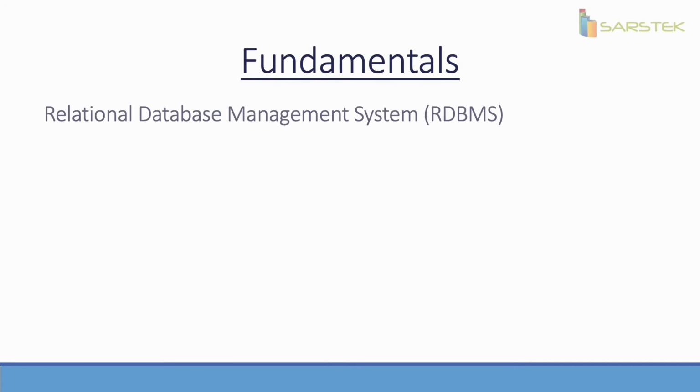Next is RDBMS, that is, Relational Database Management System. As I said earlier, this is implemented only on structured databases. So what is a relational database management system? It keeps the relations between the data.